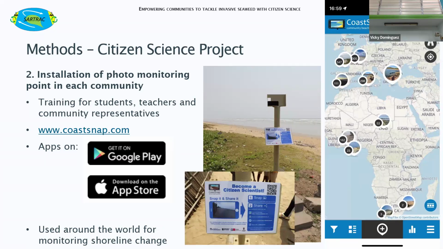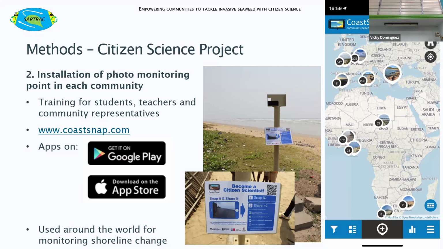It's a metal post with instructions that basically tell you to scan a QR code, and then it will give you a picture mode. So you just place the phone into that hole, take the picture, and it will then save that picture into a cloud that is open access. Anyone in the world is going to be able to see what's going on in that particular bit of Ghana.